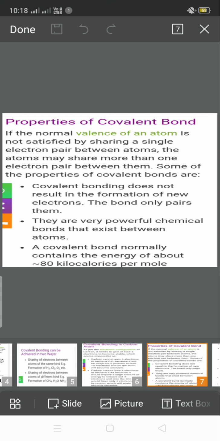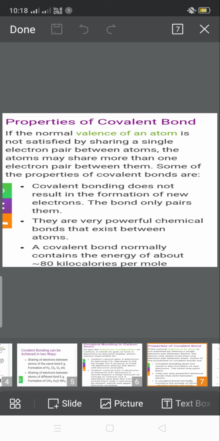A covalent bond normally contains the energy of about 80 kilocalories per mole. Covalent bonds rarely break spontaneously after they are formed. Covalent bonds are directional, where the bonded atoms showcase specific orientation relative to one another.